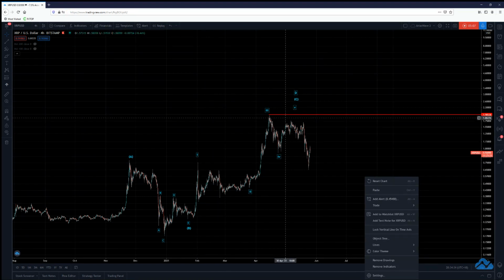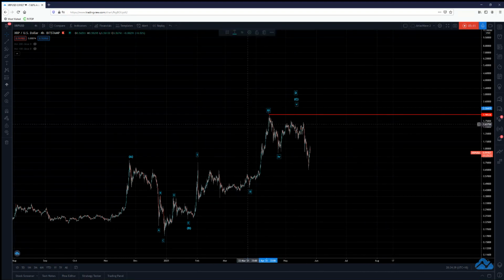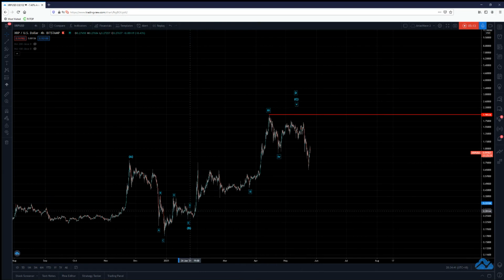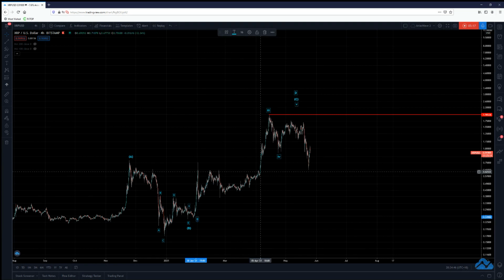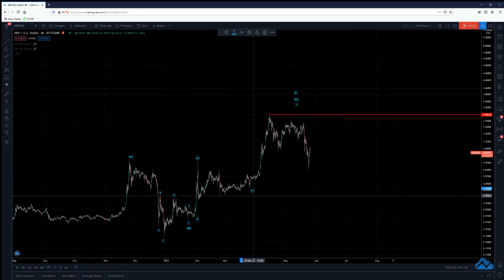And this is the count that I thought it would be, but obviously this is wrong. Initially, I thought that this was a 1 down here. This was a 2, very small 1, 2, 3, 4, and then a 5. All right.